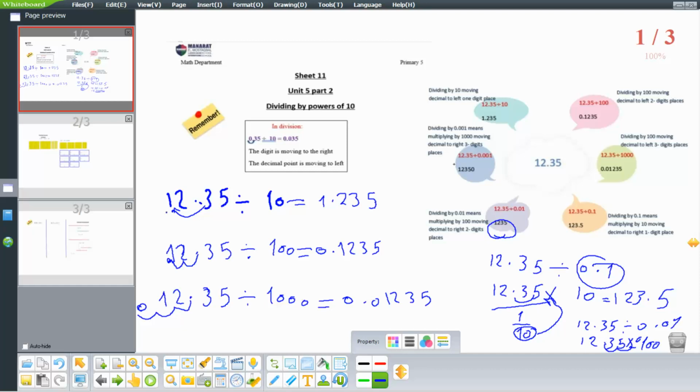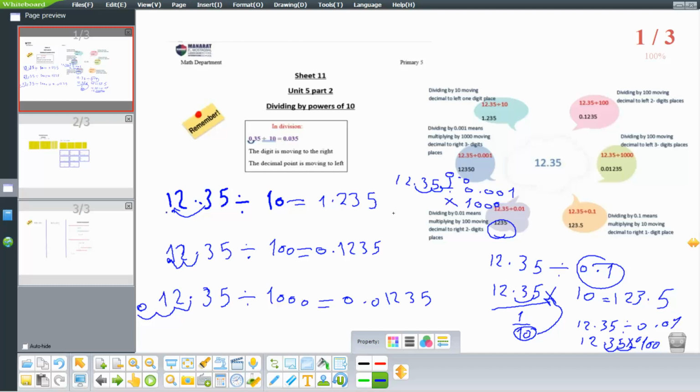So it will be 1235. Here, if we have 0.35 divided by 0.001, how many decimal places do we have? We have 3 decimal places, so it will be times 1000. Let's move the decimal point 3 digits: 1, 2, and 3, and we don't have 3, so we put 0 and put the decimal point.